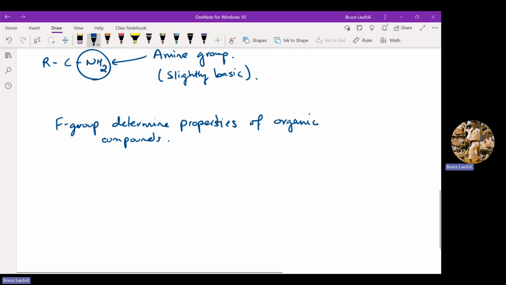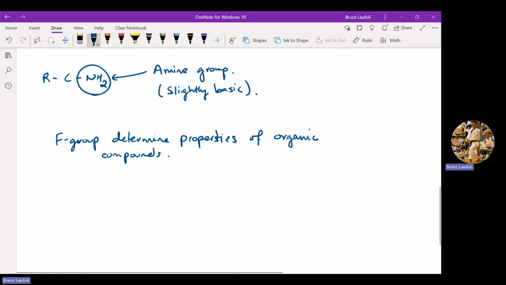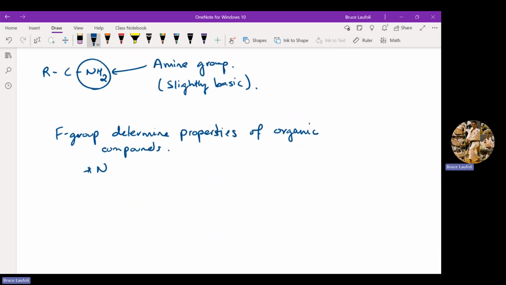Okay, and so this relates heavily into two things: nomenclature, which is the naming conventions, and then of course reactivity.